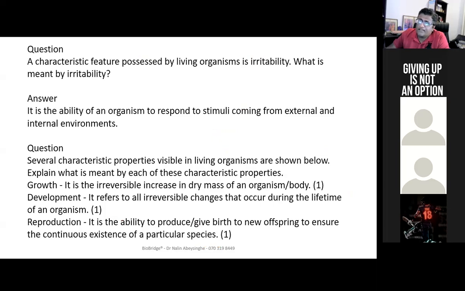A characteristic feature possessed by living organisms is irritability. What is meant by irritability? It is the ability, you have to tell the ability of an organism to respond to stimuli.